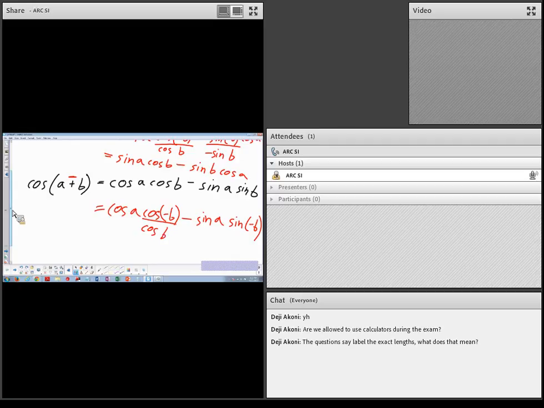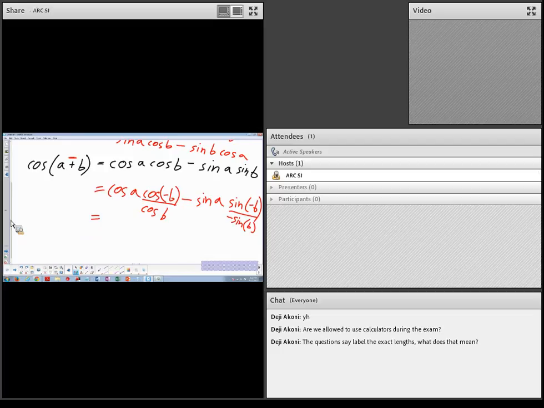Cosine B, and this is sine B. It's a negative sign. This one's trickier. Here I just dropped the negative sign, but this one you can pull out, kind of. So cosine of A minus B is cosine A cosine B plus sine A sine B. Okay. Pretty solid on that.